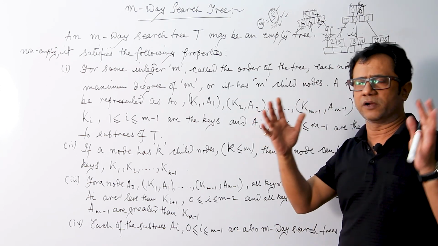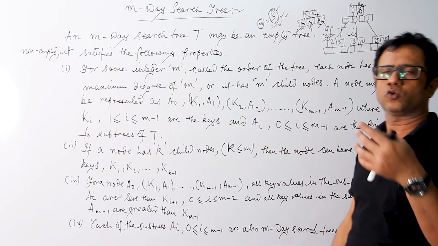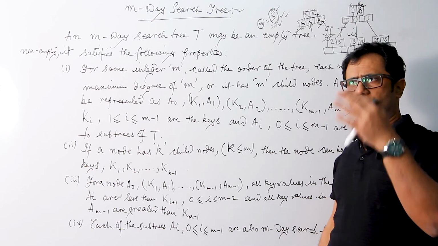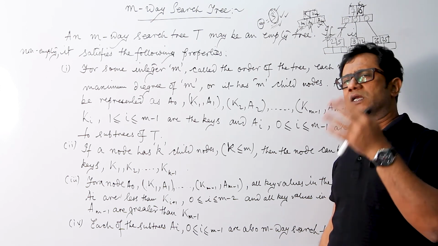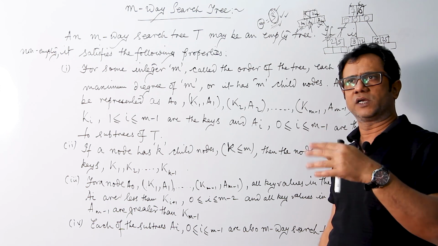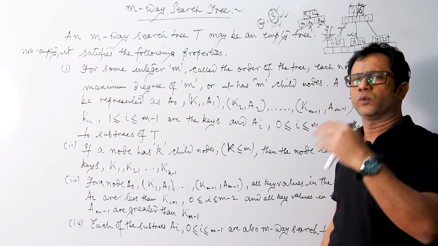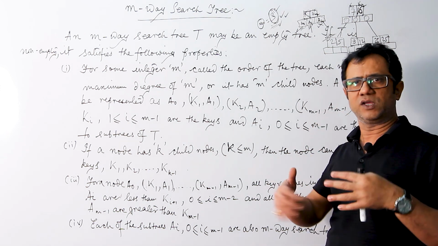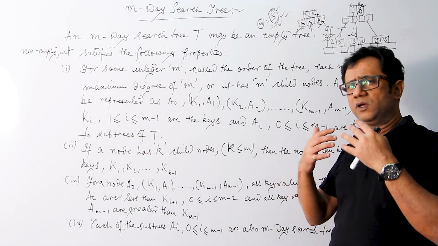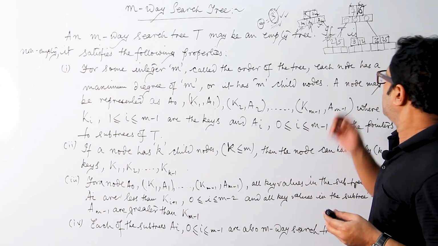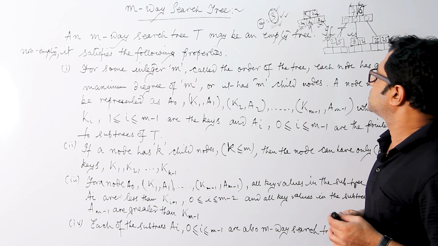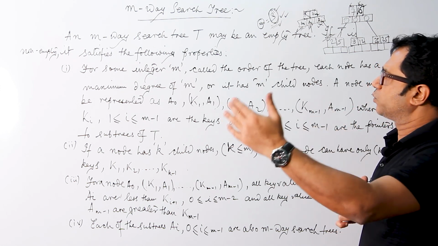We will take a bigger example and insert some nodes stepwise, and also delete some values sequentially from an M-way search tree, and see how the addition and deletion goes on in a sequential way.